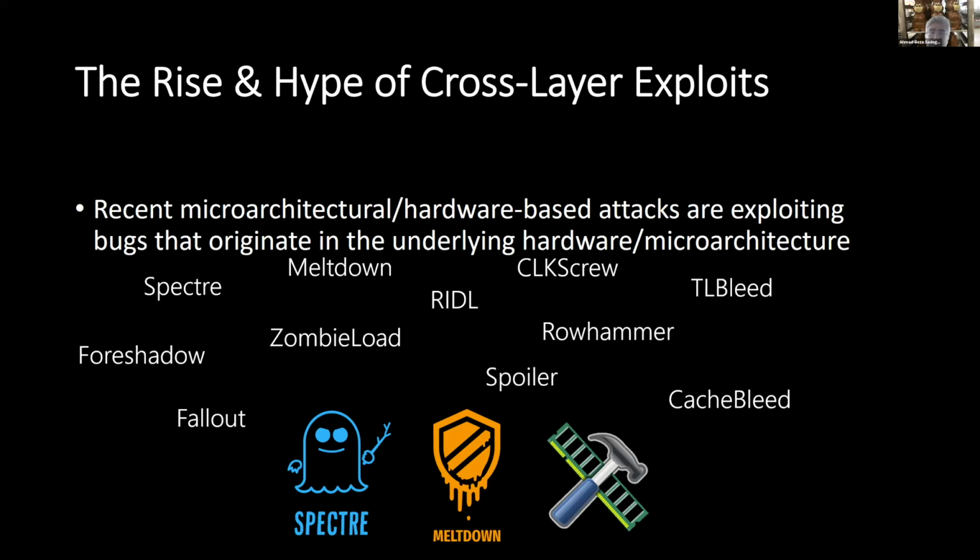But our question was, as you see, there are a number of nice names here. The titles are probably like Zombieland and Spoiler, but many of these names are much more creative than the content of those papers. I'm just not offending anybody. Every other one is interesting, but they're all the same.